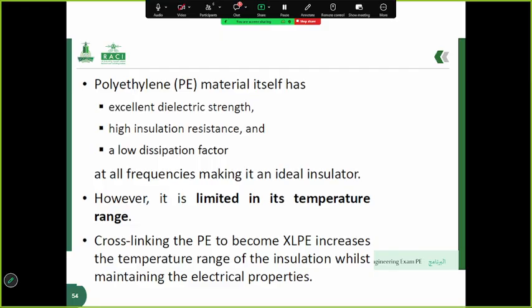However, its use is limited in its temperature range. To overcome this limitation, the PE is cross-linked to form XLPE, a process which significantly increases the temperature range of the insulation while maintaining its superior electrical properties.